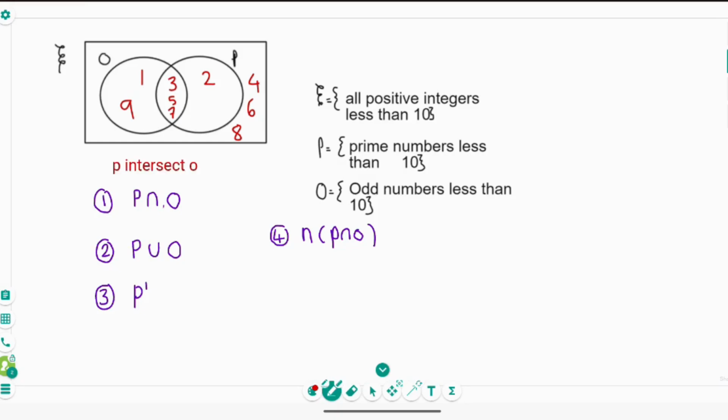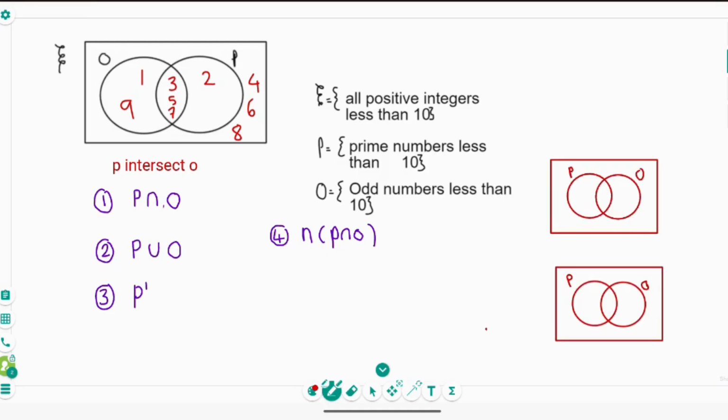So it means everything that's both in P and O. In my head, I imagine it to be this bit here, because everything here is both in P and O. So what's both in P and O here? 3, 5 and 7. So we just need to list those numbers.